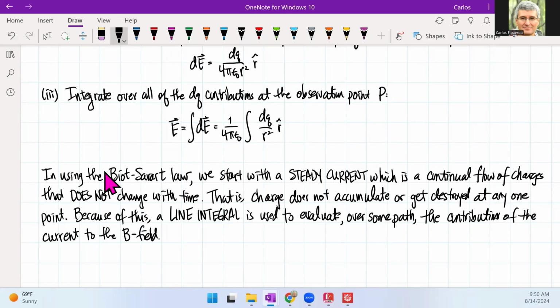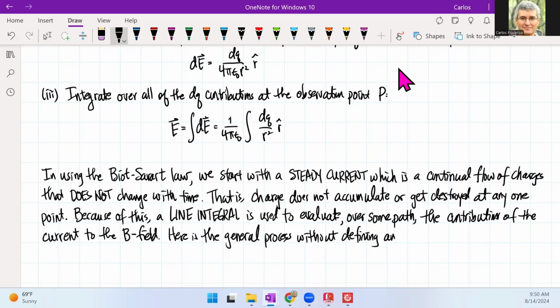So here's the general process. And note that some of these equations I have not described yet. Or some of these stuff that I'm going to write down. This is not the purpose. So here is the general process without defining any terms.